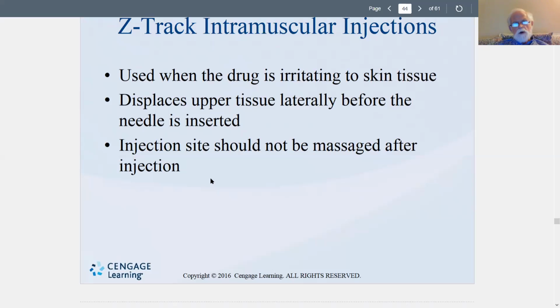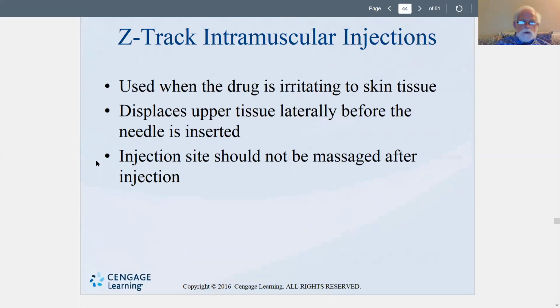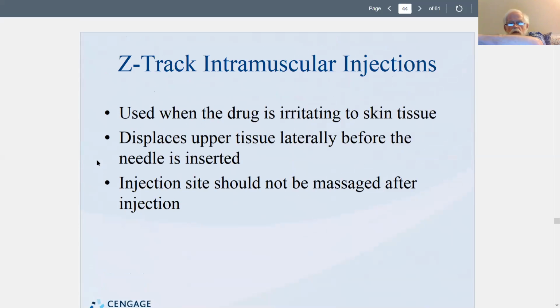Z-track comes and goes. Z-track is used when we don't want the drug to leak out ever, and when it can be irritating to the skin. So what we do is we literally pull down on the skin. I'll demonstrate. This is a forearm, so it's not a great example.